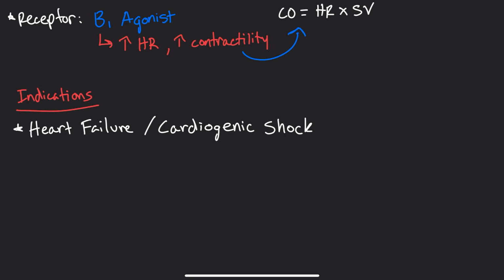So the issue with heart failure is you get inhibited forward flow of blood, right? Blood starts to pool, starts to work backwards, so you need something to push that blood forward. So that's how you get that increased contractility. That's that beta-1 agonist again. Leads to increased heart rate plus increased contractility. And this is going to lead to basically improved forward flow of blood, which is going to lead to increased cardiac output.